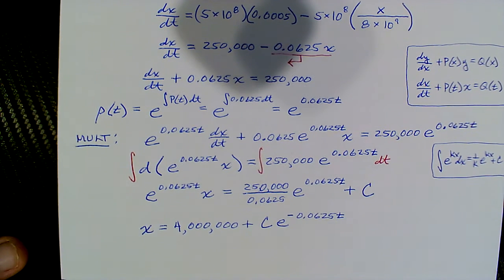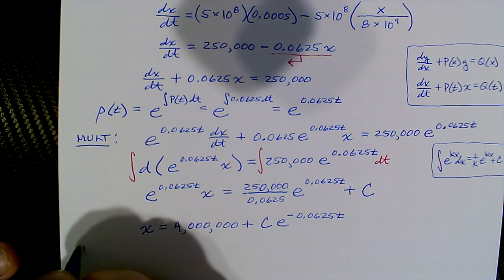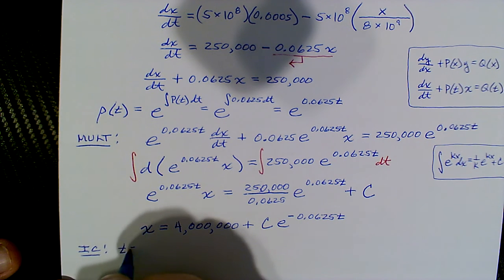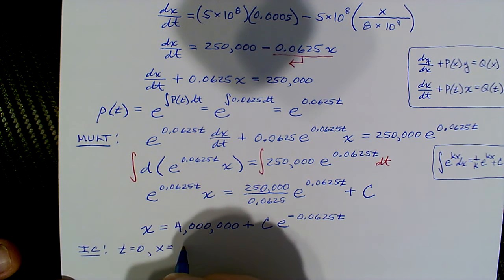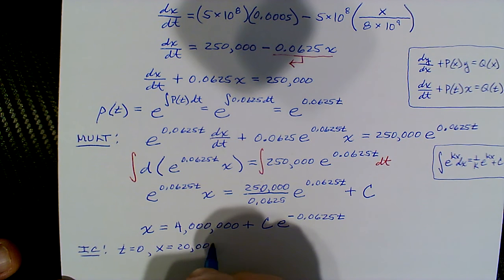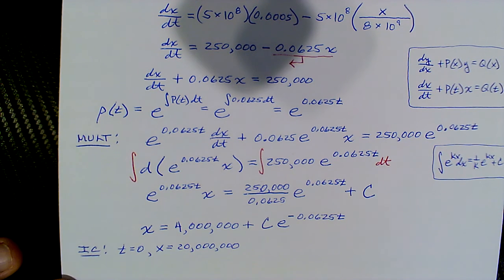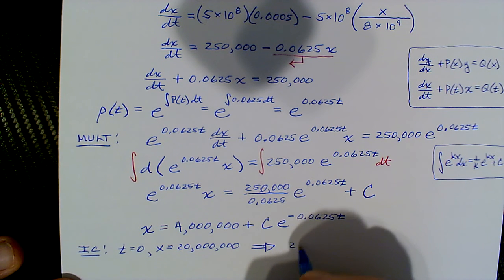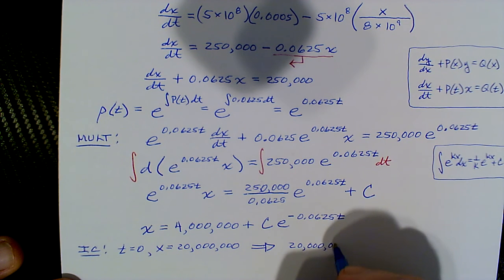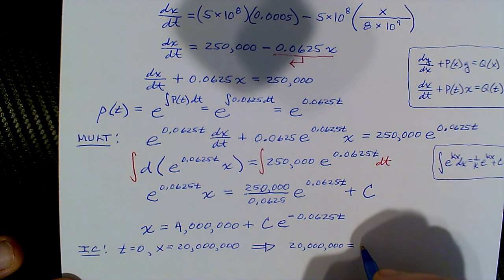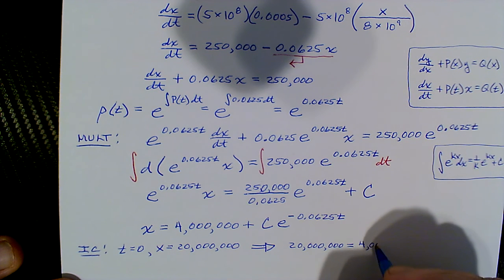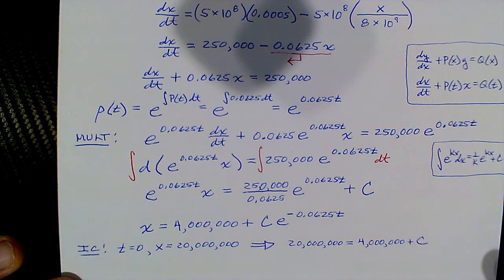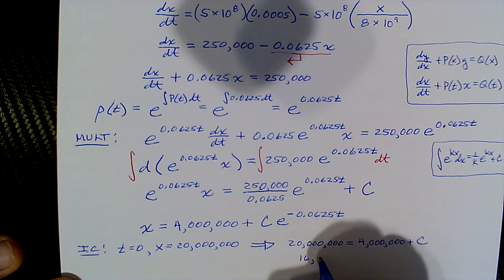Alright, so now with the initial conditions, we'll be able to solve for c. We saw that when t is 0, x was 20 million. We calculated that initially. So that gives us that 20 million equals 4 million plus c, because t is 0, so e to the 0 is 1. So c is 16 million.